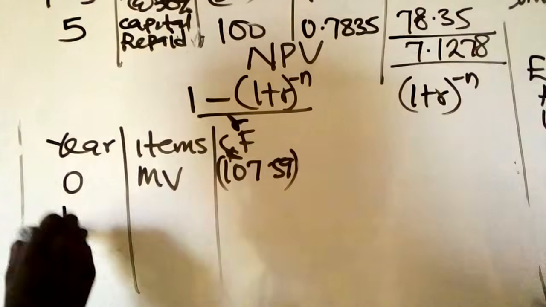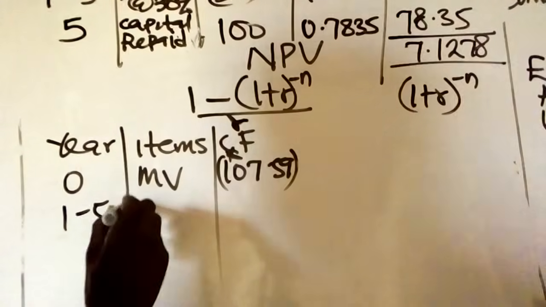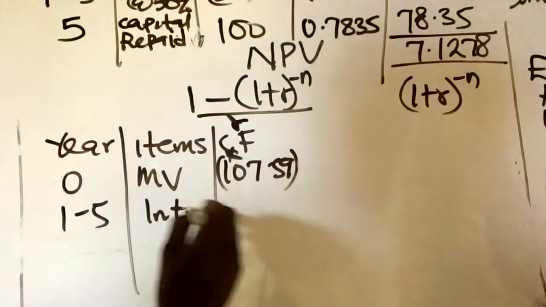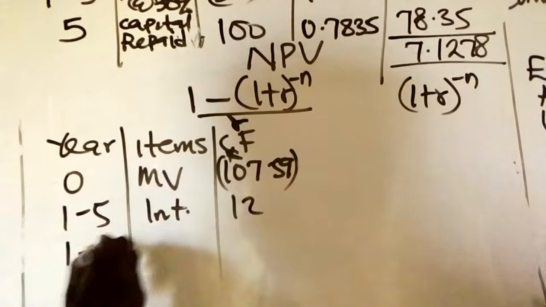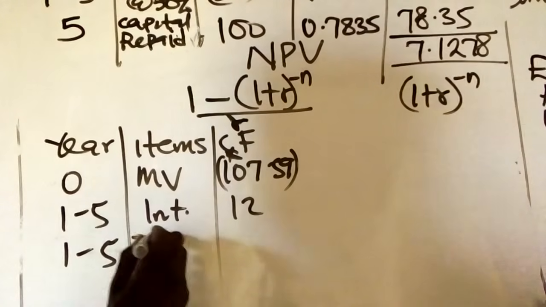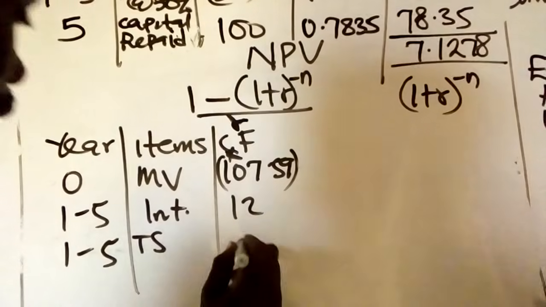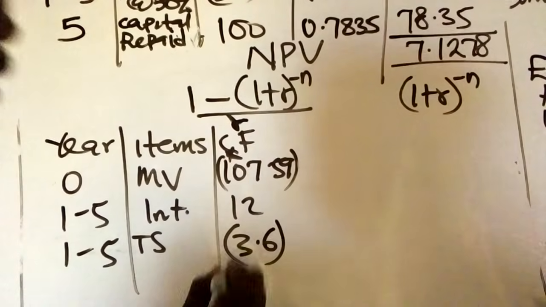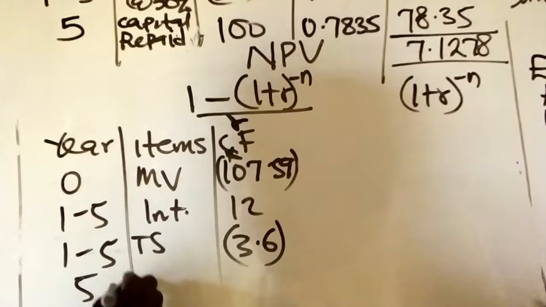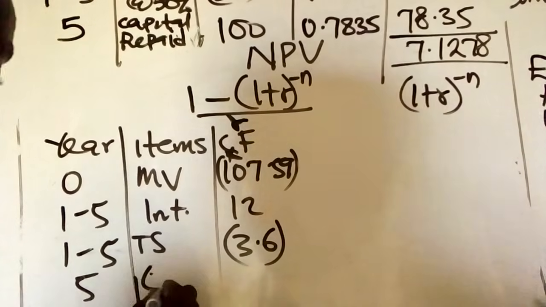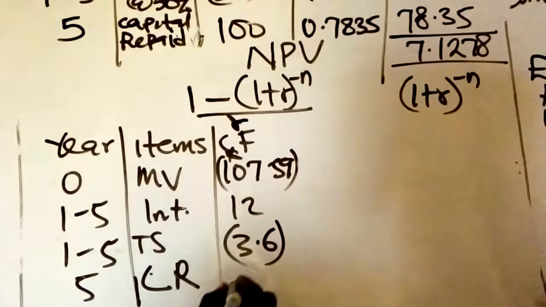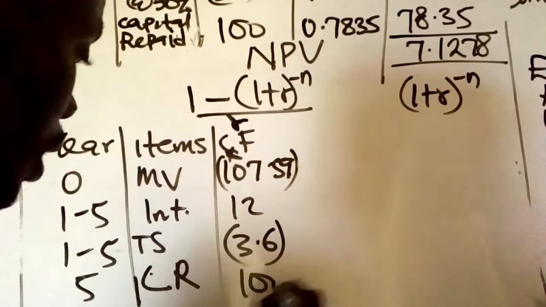Here 1 to 5, we have interest of 12. Here 1 to 5 as well, we have tax savings on interest of 3.6. Then year 5, we have the capital repayment or redemption value, which is 100.